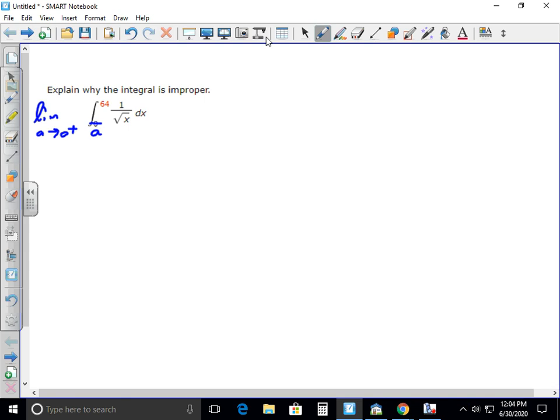So let's rewrite this. Integral from a to 64 of x to the negative 1/2 power. If we integrate that, we get x to the 1 greater power over that power, so over 1/2, or times 2.